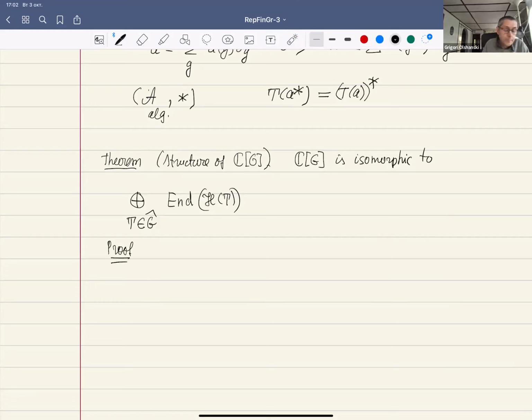We have a map in one direction, which is pretty obvious.